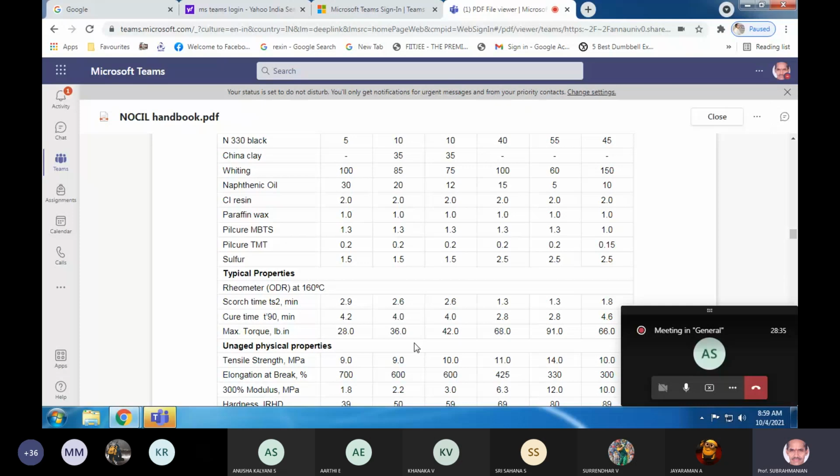And open mill mixing also, we do in two stages. We prepare the master batch, store it, and on a cold mill, we add the curatives. Why on the cold mill? Because they are all chemically active, and if you overdo the warming of the rubber stock, they may become scorchy.